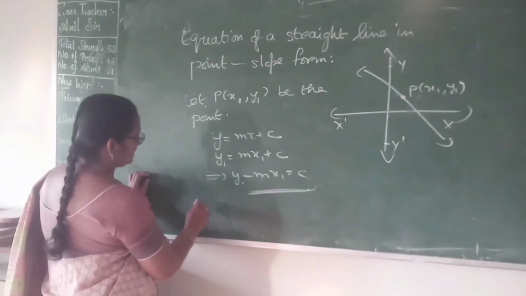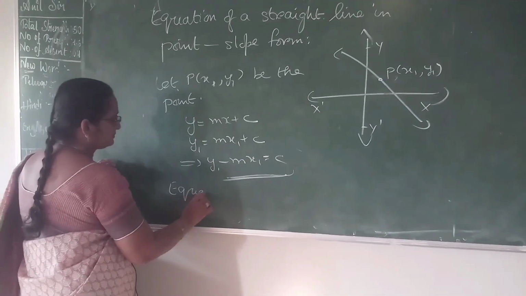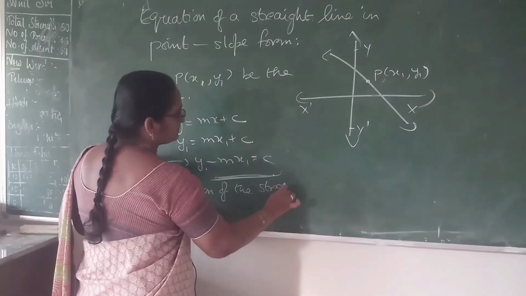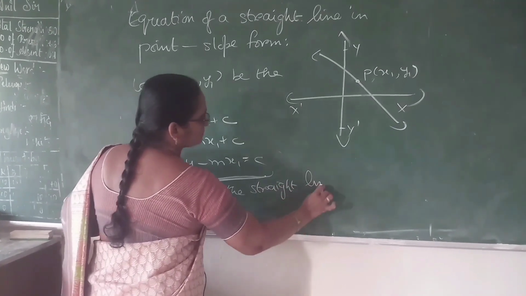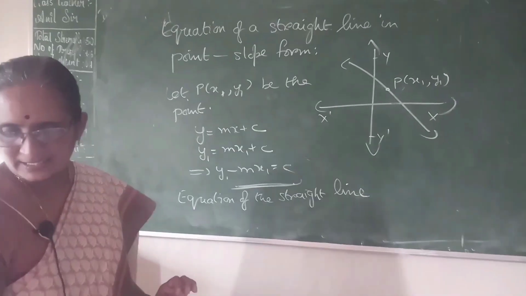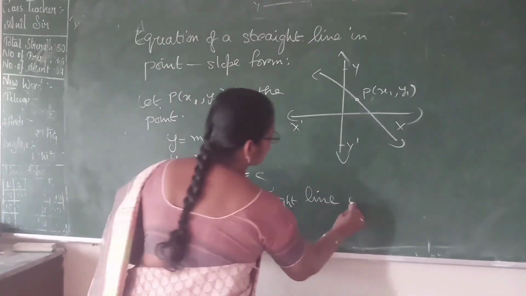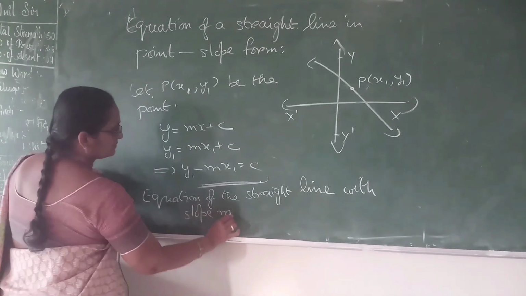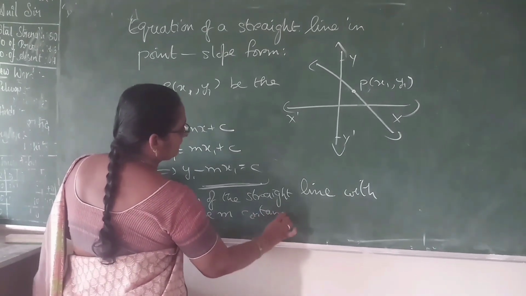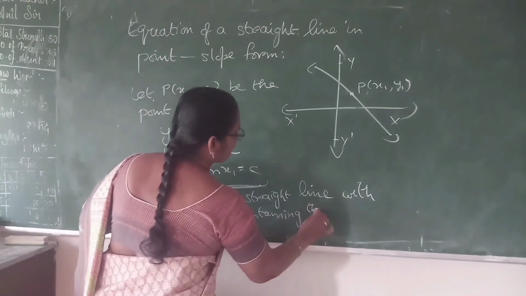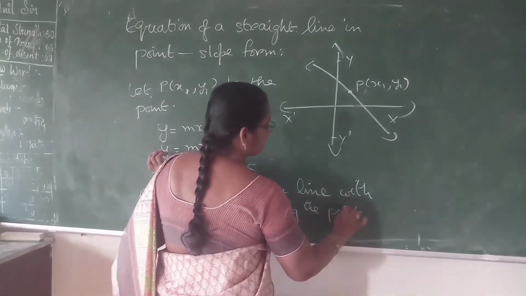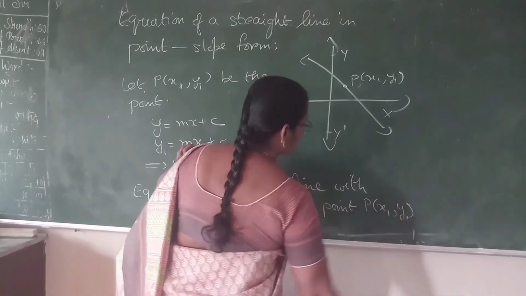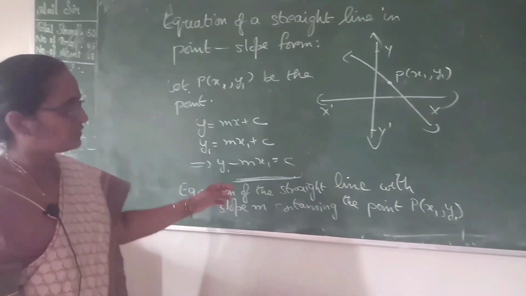Now, equation of the straight line with slope m containing the point P x1 comma y1 is. So, how we are going to write this one?